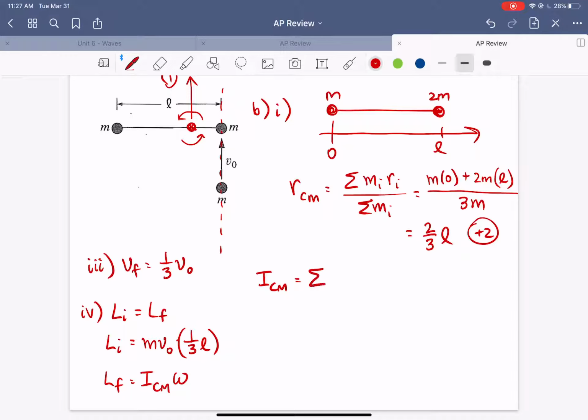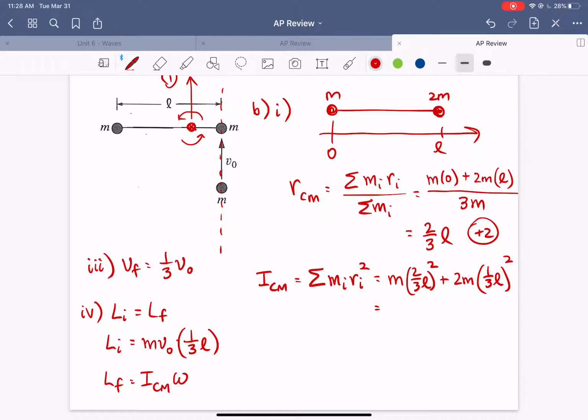So that is the sum of each individual mass multiplied by its distance from the center of mass squared. So for the left end of the bar, that contributes a moment of inertia equal to m times (2/3 L) squared. And then the mass on the right side of the bar contributes 2m times (1/3 L) squared.